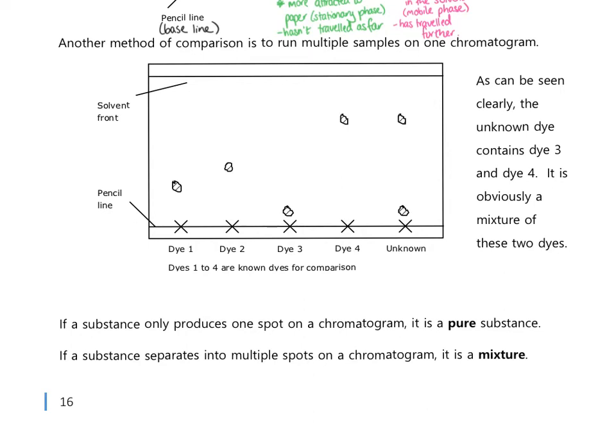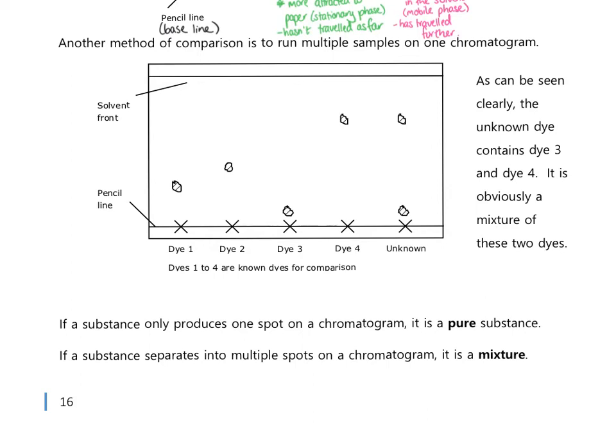So say for example we know what dye 1, 2, 3 and 4 are, and then we have an unknown substance. So we can use chromatography to identify the dyes or the components within an unknown mixture if I compare them against components or substances that I do know.